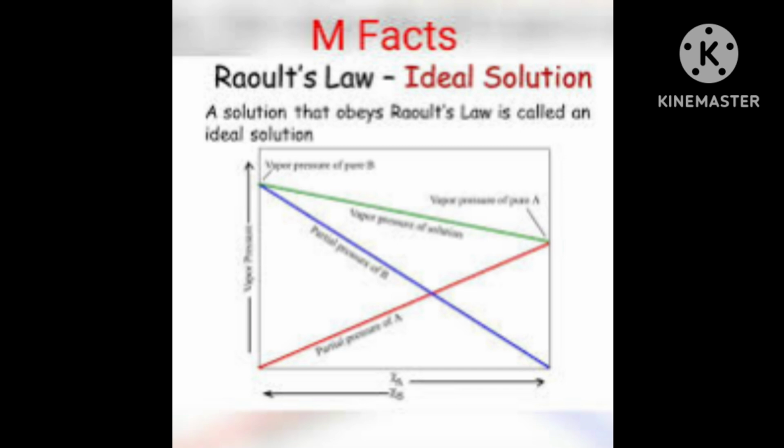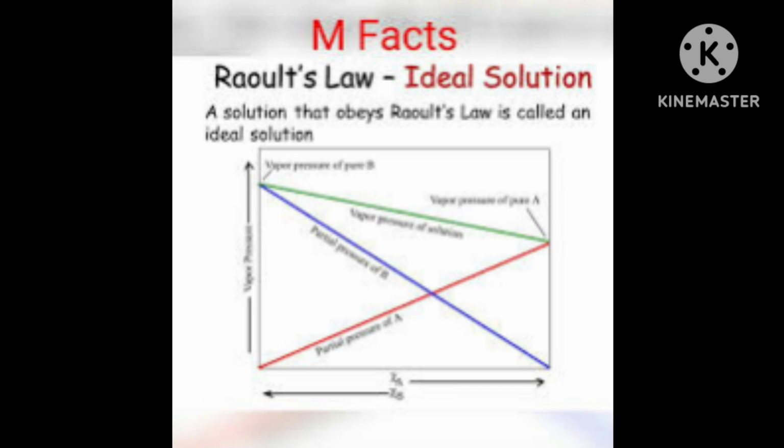And again you have to assume that component 1 is less volatile. That's why its value is coming less. Less volatile means its vapor will be less.